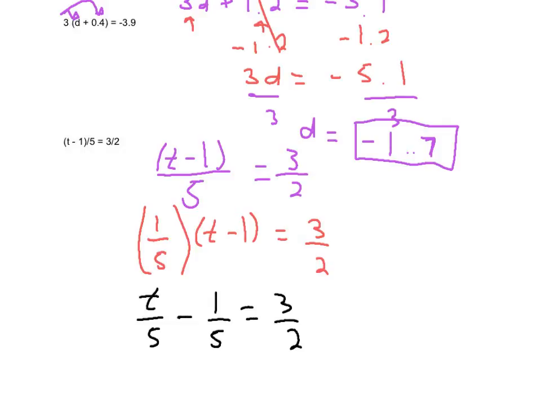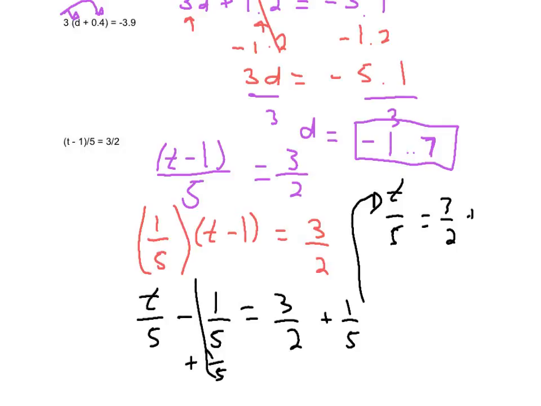Okay, now same thing as what we've been doing. Got to add, because we're doing reverse order of operations, we're going to deal with the subtraction first. So we'll add a 1/5 to both sides. That cancels off nicely. We'll move up here to finish it off. T over 5 is equal to 3/2 plus 1/5.